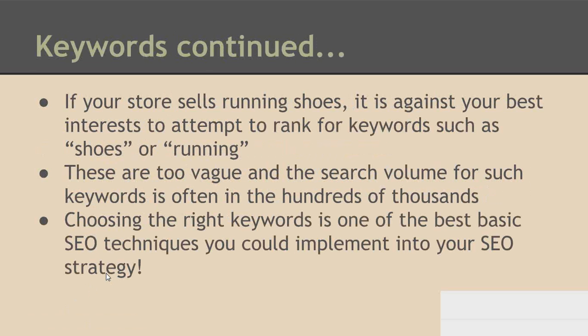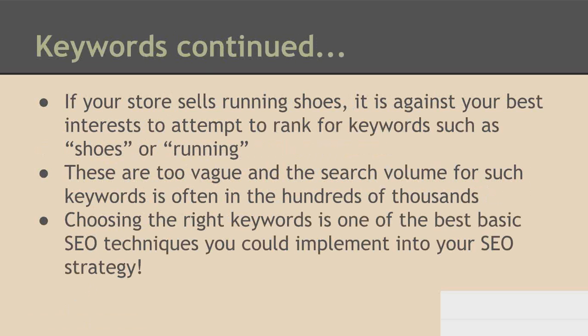So an example of that is if you're a store that sells exercise equipment, running gear, running shoes, and stuff like that, it's going to be against your best interest to try to rank for keywords that are really general and vague, like shoes or running. This is a mistake I see often when I am looking at sites who are asking for help with their SEO.